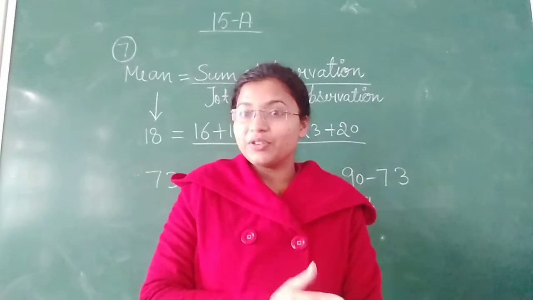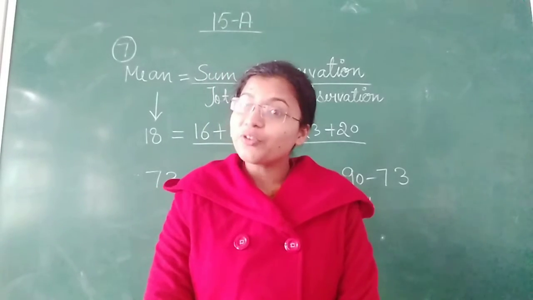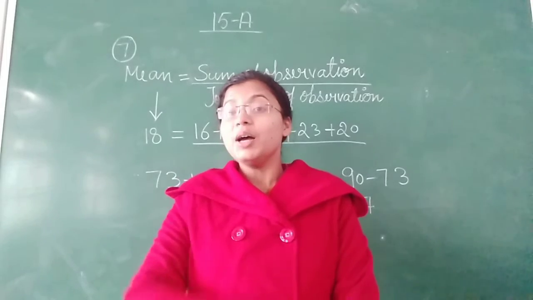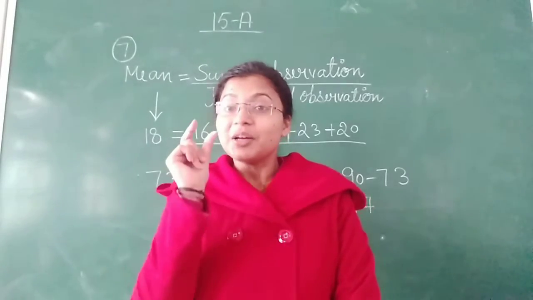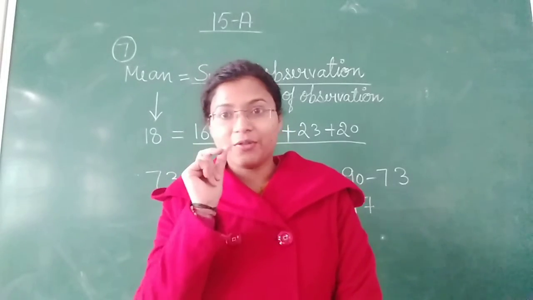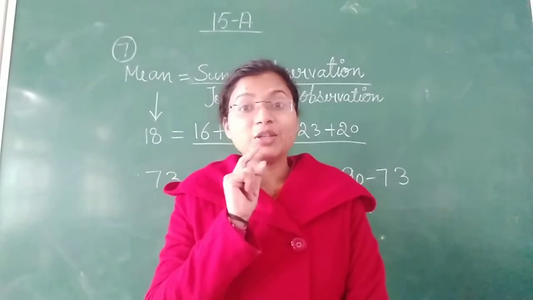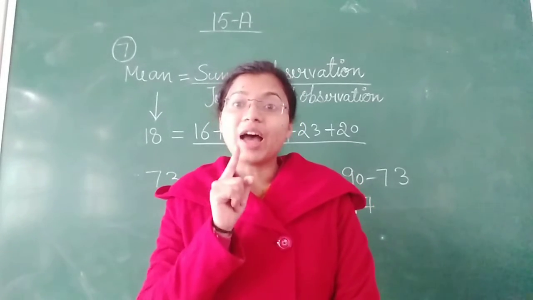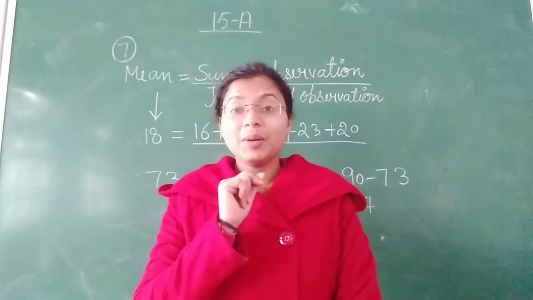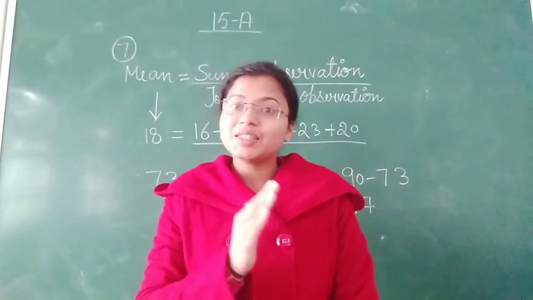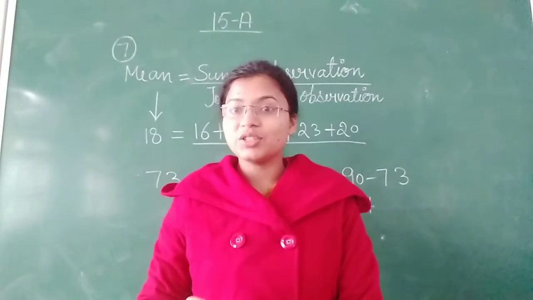In your previous questions, you had to find out the mean value, but in this question, the mean value is already given, but one variable x is given, and you have to find out the value of the variable. But the procedure will be the same.